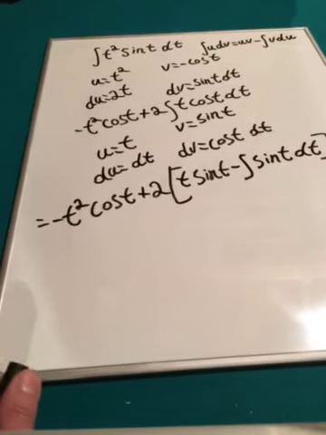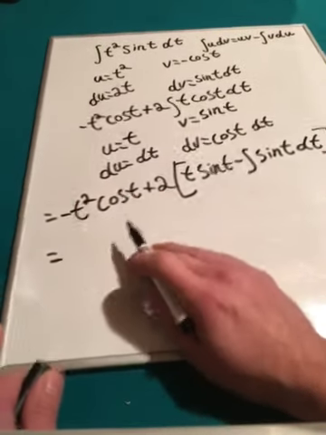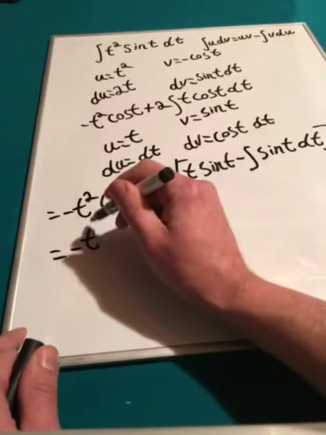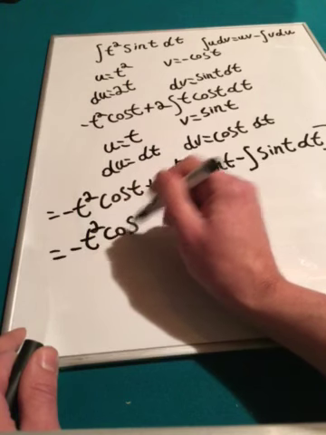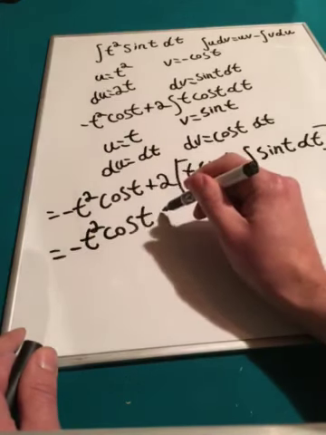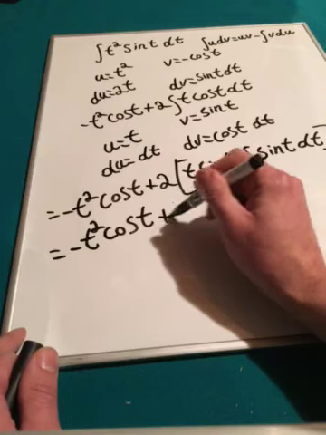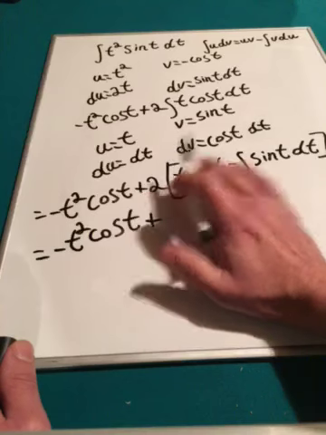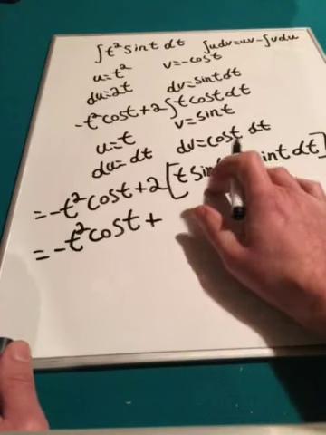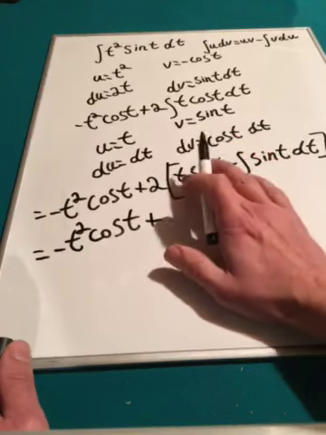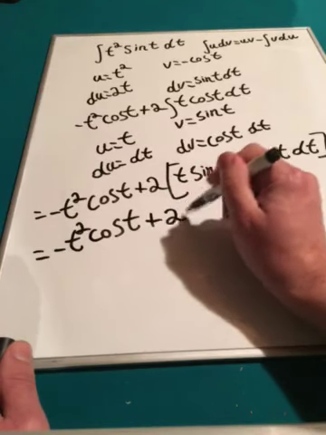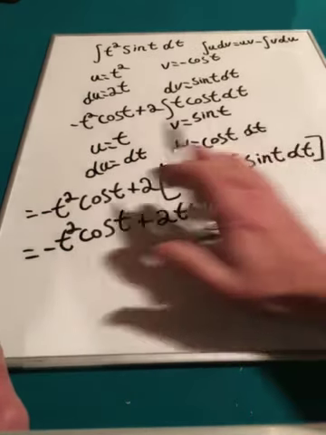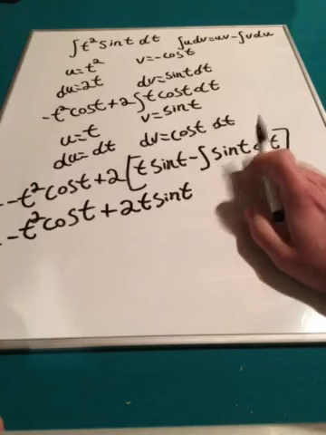Okay, and what is this all equal to? This part out front is not going to change, so we have a minus t squared cosine t. And then plus, the 2 is going to distribute to both terms here. The first term is just t sine of t, so that's plus 2t sine of t, and then 2 times the integral of sine of t.